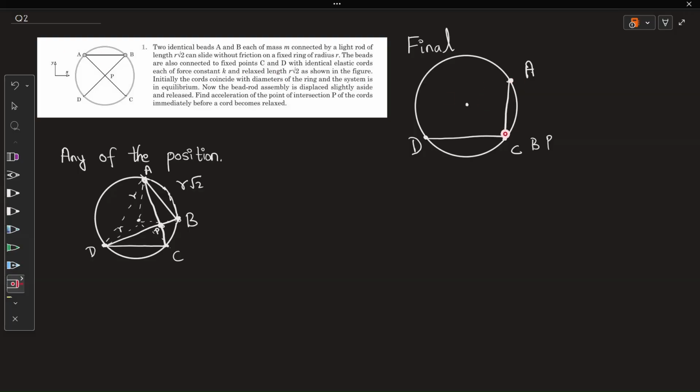So the point P, the intersection of these two cords, will also be located here.